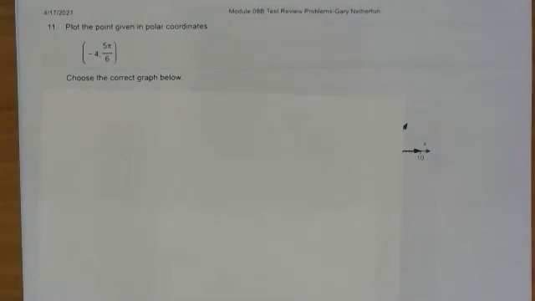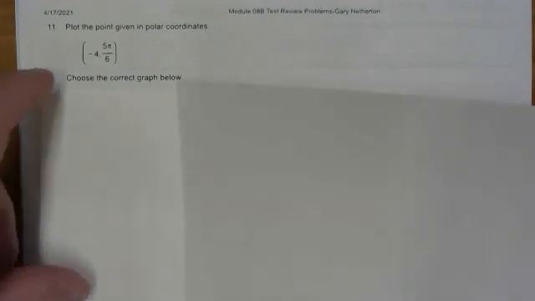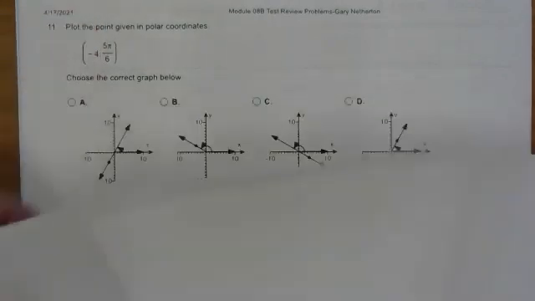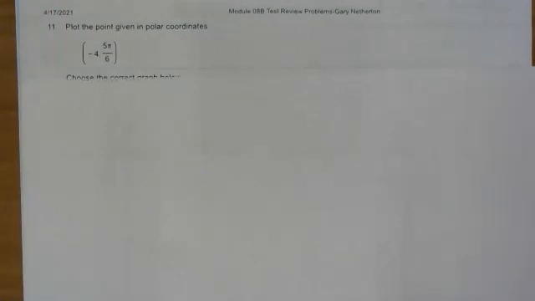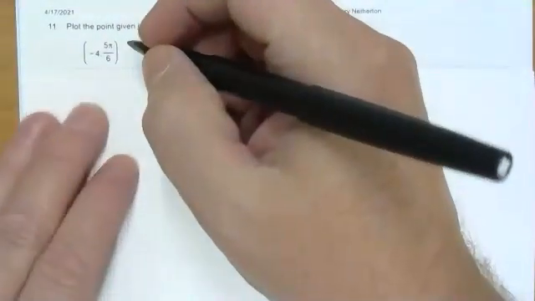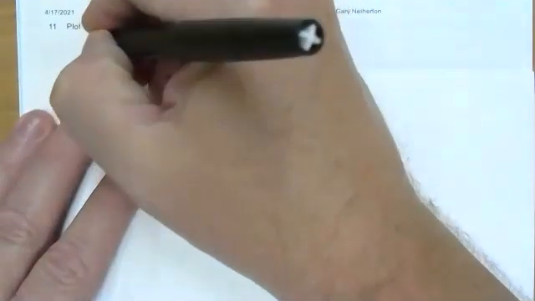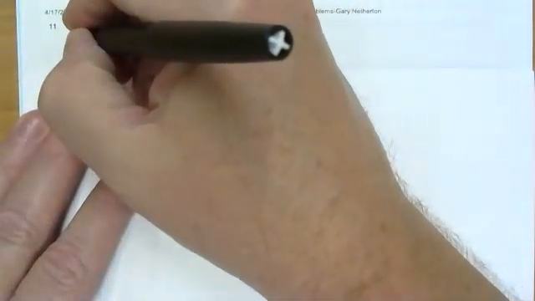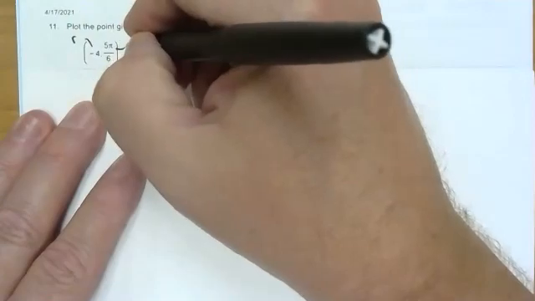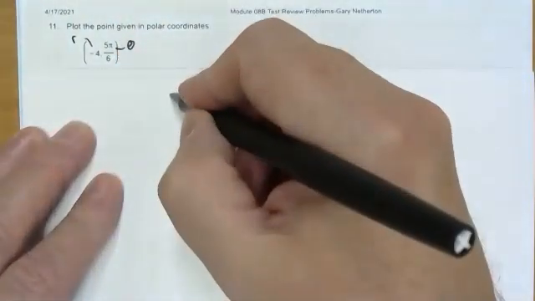This one is -4, 5 pi over 6. So once again, r is -4, theta is 5 pi over 6.